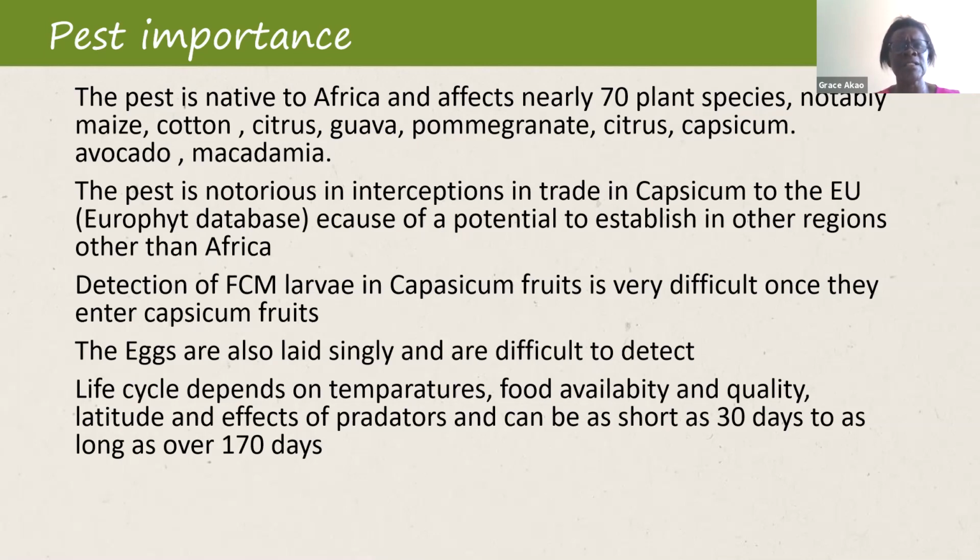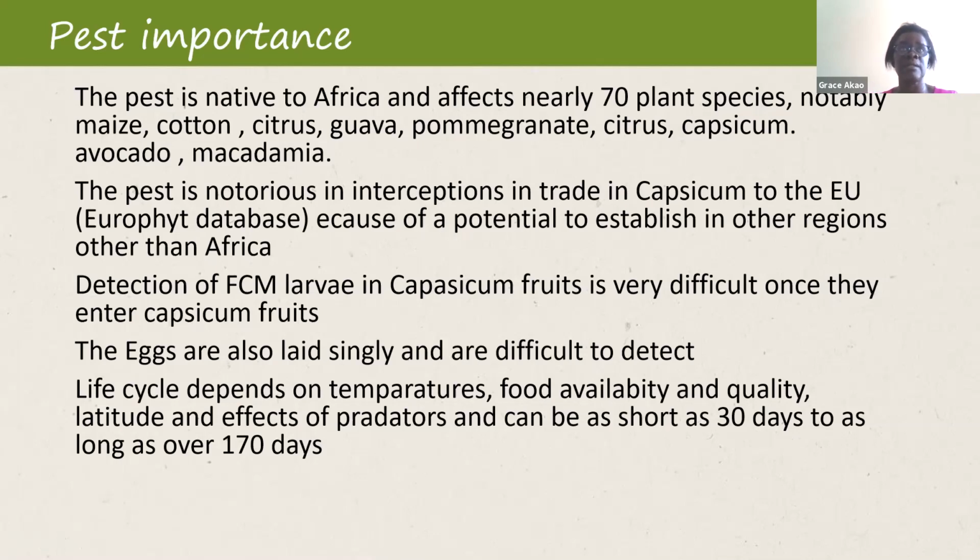This particular pest's life cycle depends on temperatures. When temperatures are high, the life cycle is shortened to as little as 30 days. When it's very cold, the life cycle is lengthened. This has a bearing on the way you design the surveillance program for false codling moth, because if the life cycle is just 30 days, that means in a year you can have 12 generations.